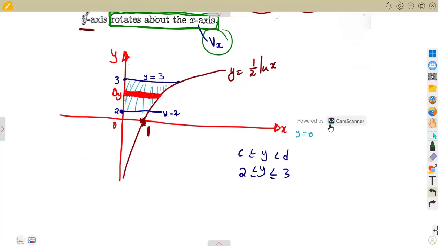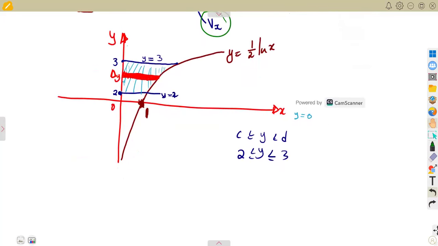It follows suit with your volume and your strip. They are asking you to calculate the volume for x. What are you given from the diagram in terms of the limits or in terms of the strip? The representative strip is for y, as we can see here.